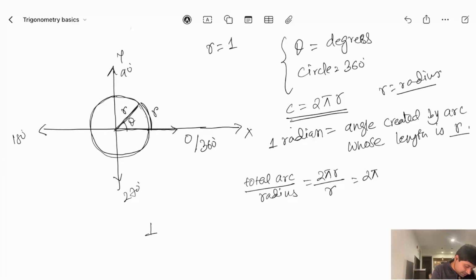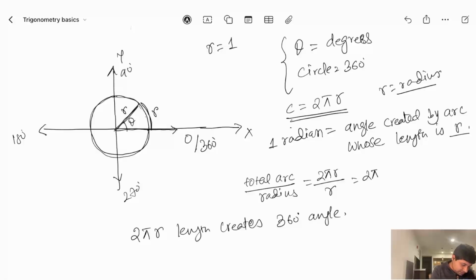So 1 radian is nothing but the angle created by the arc with arc length r. I know the overall circumference is 2 pi r, so I can write it in a different form. 2 pi r length creates a 360 degree angle.